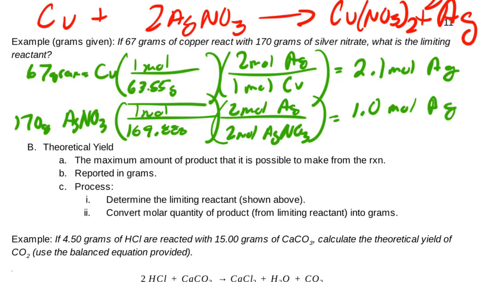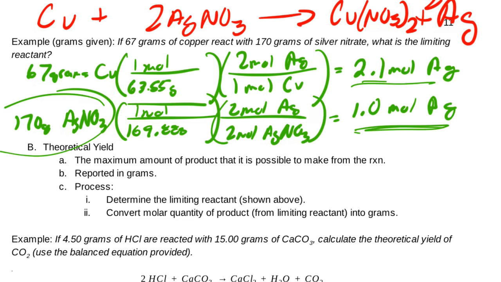So folks, when you look at 67 grams of copper versus 170 grams of silver nitrate, and you are asked what the limiting reactant is, your work should look like this. And since silver nitrate only produces 1 mole of silver compared to copper's 2.1, we know that our limiting reactant is 170 grams of silver nitrate.